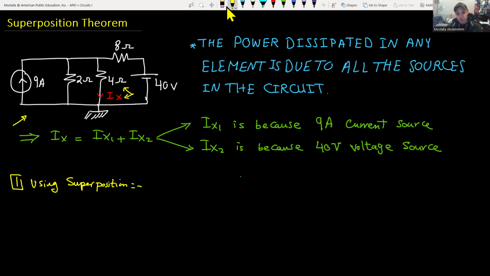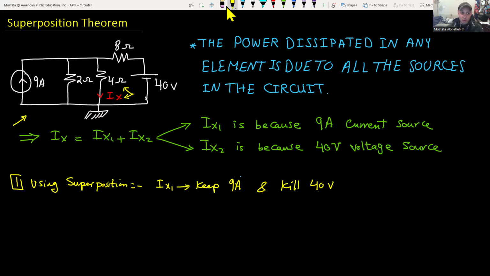So to find Ix1, we should only keep the 9 ampere current source and kill or remove the 40 volt voltage source. Kill or remove means cancel its job.